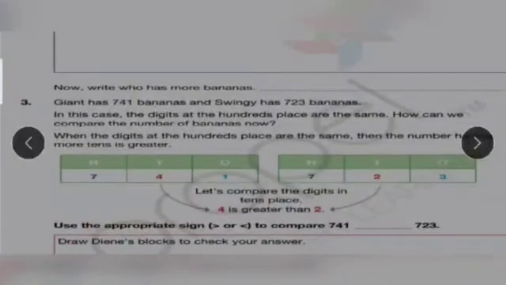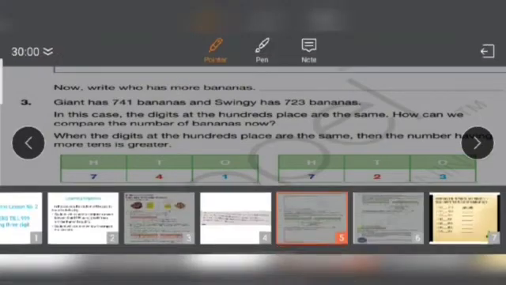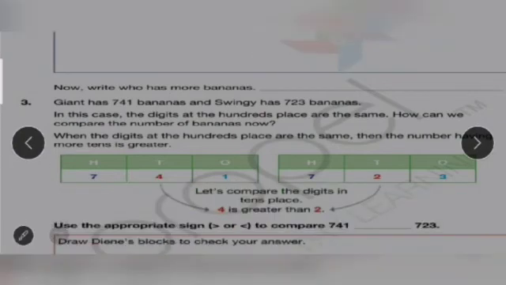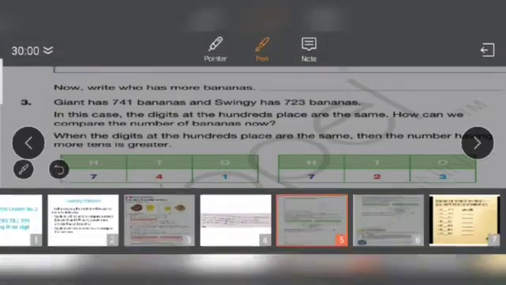Use the appropriate sign, greater than or less than, to compare 741 and 723. See here, children, 741 is greater than 723.